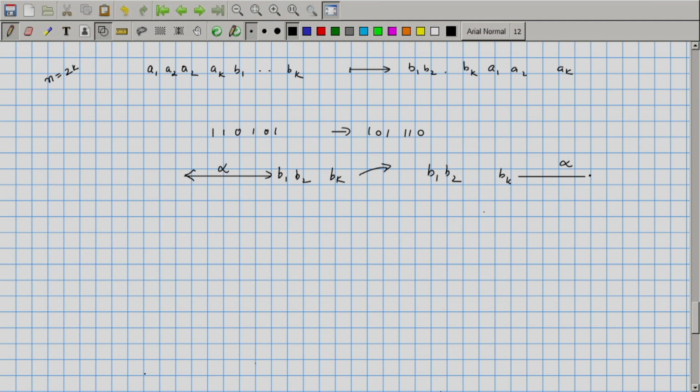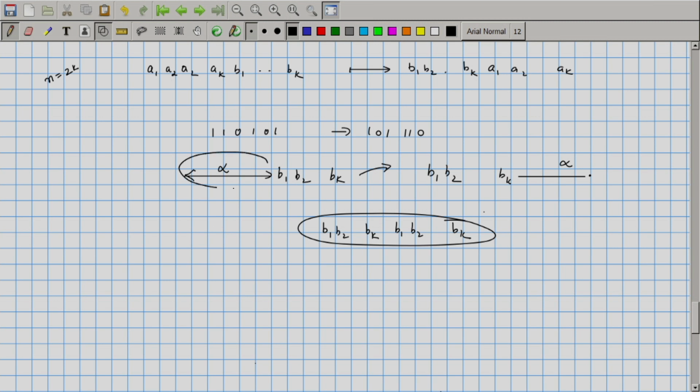Since we are following the bit fixing protocol, the node B1, B2, BK followed by B1, B2, BK will be an intermediary node for any such path. So, any path from alpha B1, B2, BK to B1, B2, BK followed by alpha will surely have to pass through this particular vertex, because we were following the bit fixing protocol.